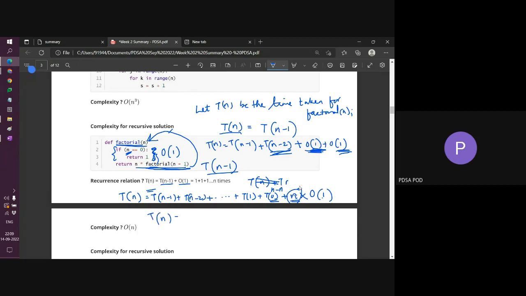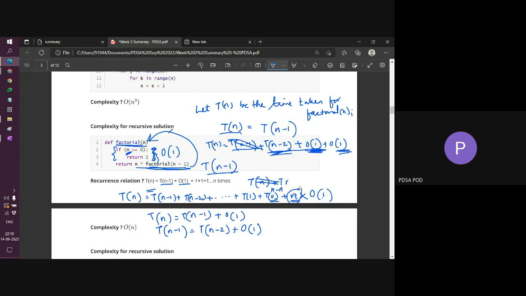I wrote it wrongly. This is T of n minus 1 plus O of 1, right? Now T of n minus 1 is what? T of n minus 2 plus O of 1. Is this correct? Yes, ma'am. Correct. So when I'm putting n minus 2 here, I should not put n minus 1, because it is T of n minus 1 which I'm substituting with T of n minus 2 plus 1.